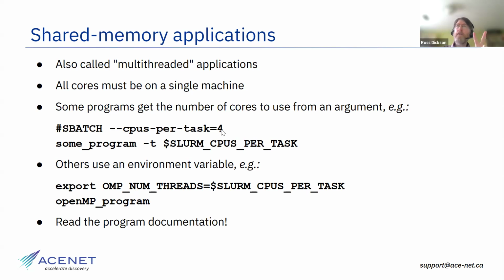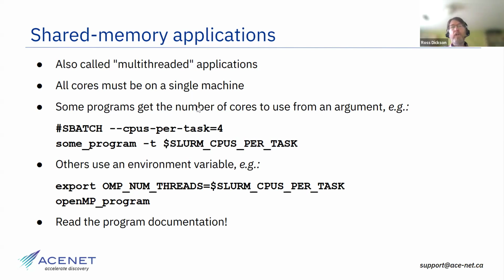It tells Slurm to reserve 4 CPUs per task for your job, and it also causes Slurm, when the job is running, to define an environment variable, SLURM_CPUS_PER_TASK, with a value of 4. So some program -t $SLURM_CPUS_PER_TASK. That's always going to match whatever number you set here in the sbatch directive. Clever, eh?